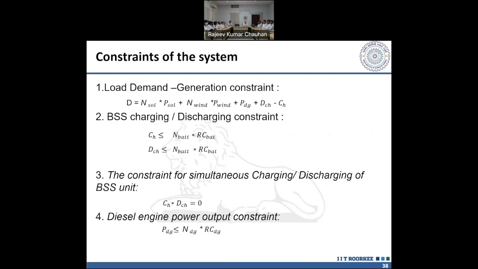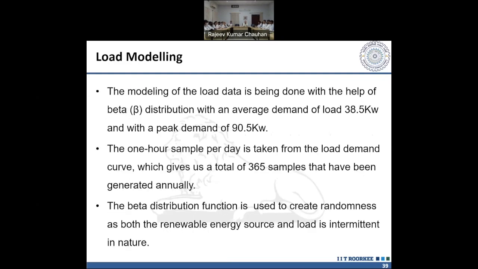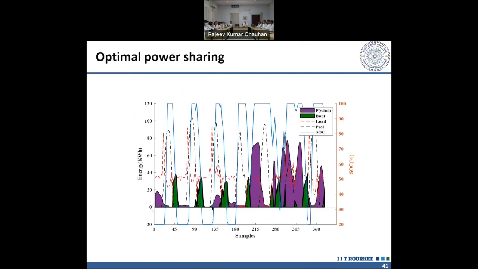Both modes we have to consider, and the diesel engine will have a capacity with my penalty. So we have to run this optimization routine, whose objective is to find the size of each unit of solar, wind, battery, and diesel which can supply the load at a given time.